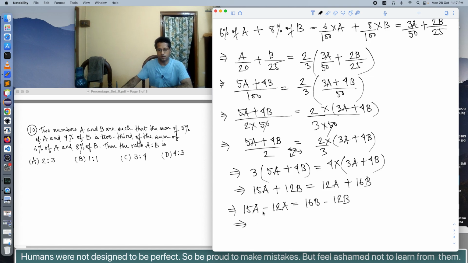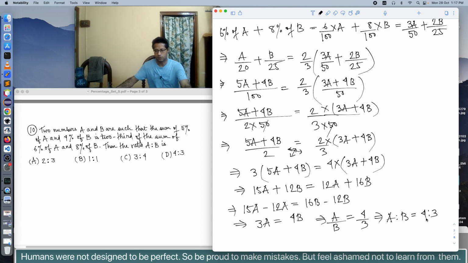After simplifying further, we get 3A is equal to 4B. This implies A by B is equal to 4 by 3. So we can say that A is to B is equal to 4 is to 3. So the correct choice is D. D is the correct choice.